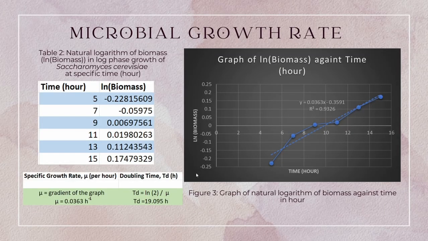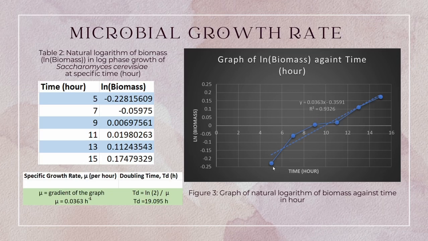To calculate the specific growth rate, I change the biomass into the natural logarithm of biomass, which is ln biomass, shown in Table 2, for log phase growth of Saccharomyces cerevisiae at specific times in hour. By obtaining the data from this table, I can plot Figure 3, the graph of natural logarithm of biomass, ln biomass, against time in hour.